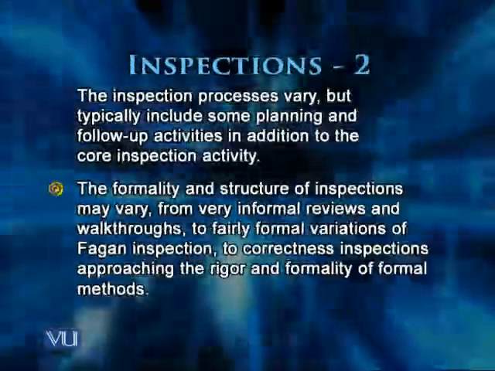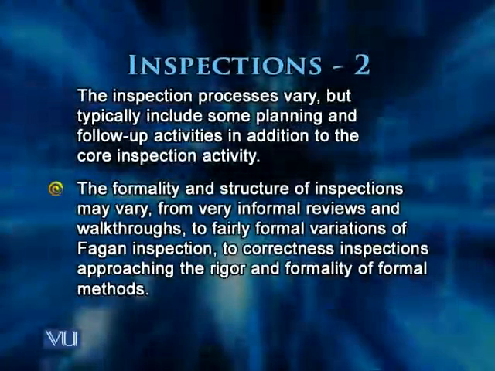And once the inspection activity is conducted, somebody has to ensure that the faults that have been directly identified by the human inspectors have been removed from those documents. The formality and structure of inspections may vary from very formal to very informal walkthroughs, and this depends on the culture of the company, the need of the application, the domain, and so many other things.